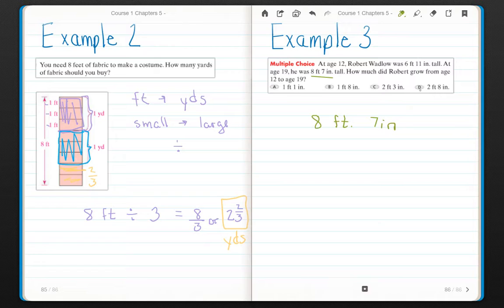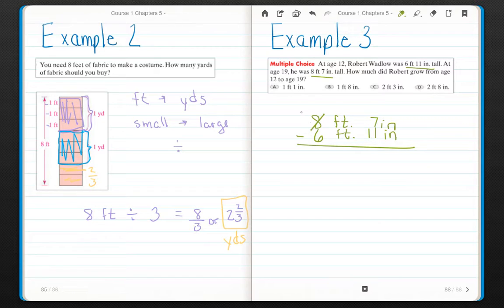7 inches. I'm going to subtract how old he was when he was 12. Minus 6 feet 11 inches. Well, there's a problem. I can't do 7 inches minus 11 inches. It doesn't work. So I need to borrow.